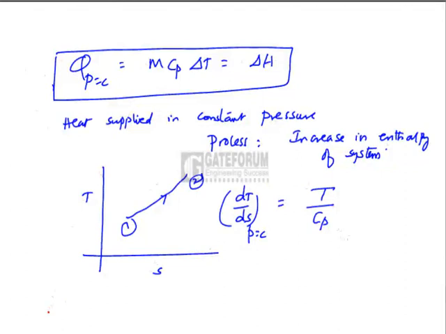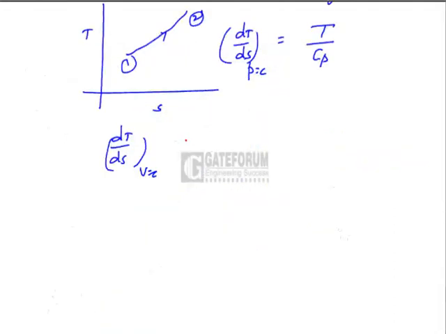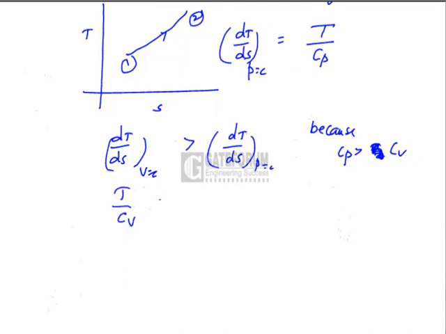From the above two processes, it can be seen that the slope of the constant volume process is greater than the slope of the constant pressure process because Cp is always greater than Cv. That is, T by Cv is greater than T by Cp.